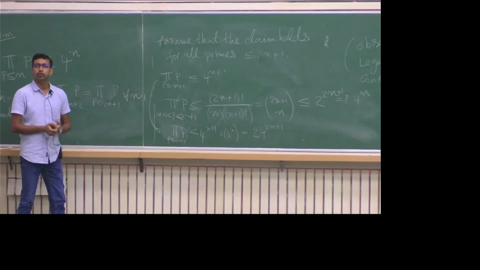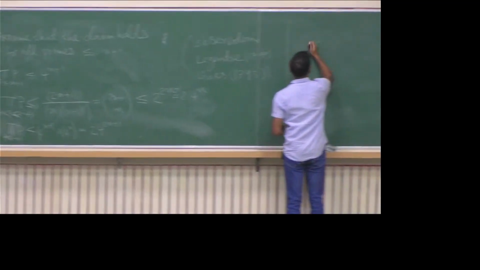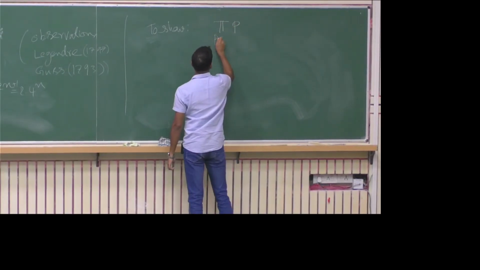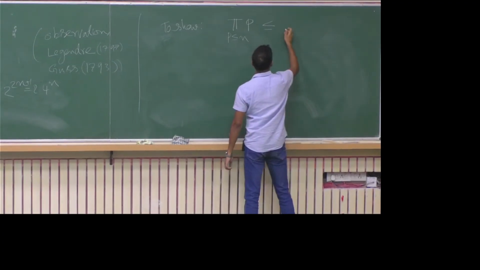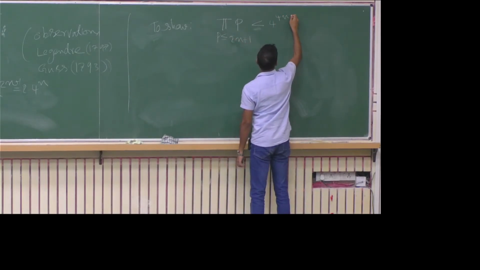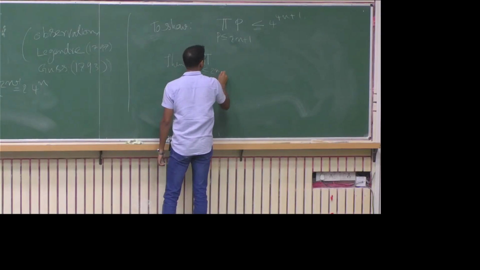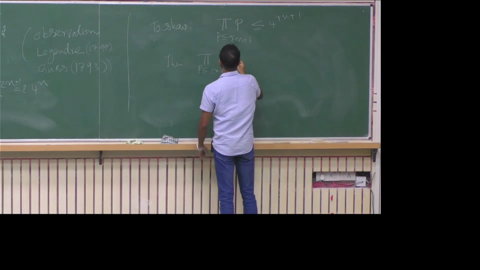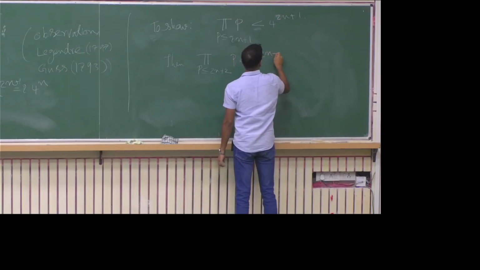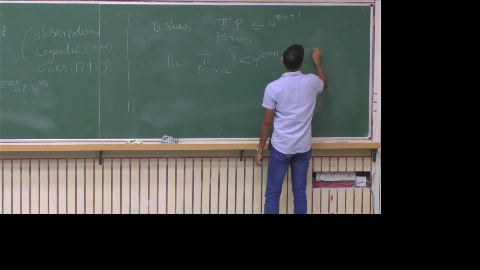We are in the same situation, and what we are trying to show is that the product of the primes p less than or equal to n is less than or equal to, so by the assumption, if you show that, then this is 2n plus 1, and this is strictly less than 4 power 2n plus 2, right?